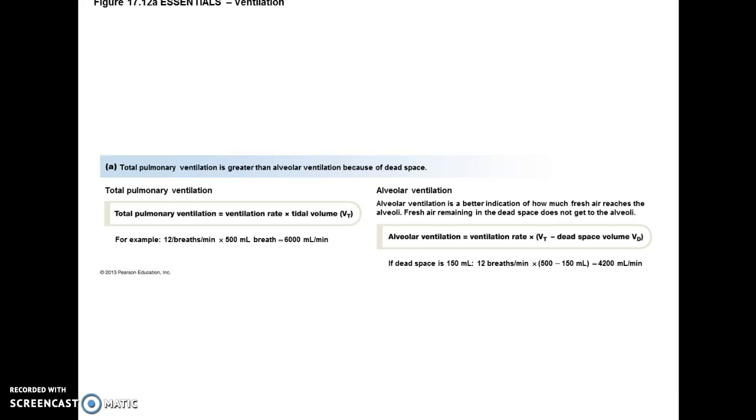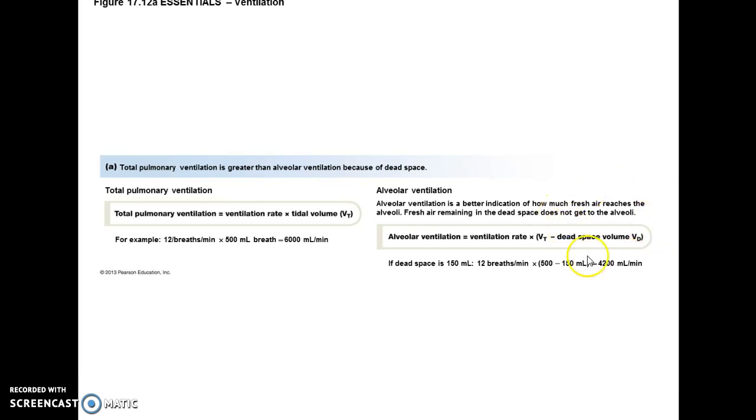And then your ventilation rate, let's say 12 breaths per minute is normal, and your tidal volume is about 500 milliliters, you're getting about 6,000 milliliters per minute in, okay? And then alveolar ventilation is your ventilation rate minus the dead space volume. Remember that only a certain amount of air actually gets to the alveoli and to the respiratory division, where it can exchange carbon dioxide and oxygen, where you can load oxygen onto the red blood cells.